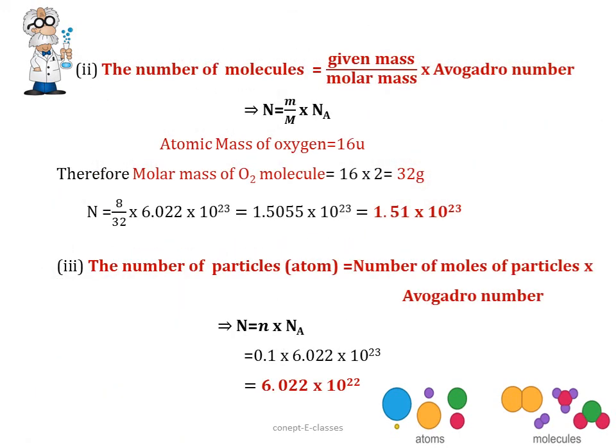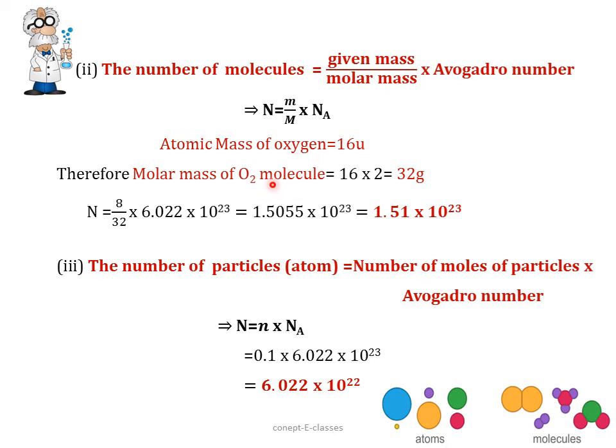Now in the second case, we have to calculate the number of molecules from 8 grams of oxygen. Okay, so here also the same equation, the number of molecules is equal to given mass by molar mass into Avogadro number. So the given mass is 8 gram. Okay, now the molar mass of oxygen molecule, we have to find that out. The atomic mass of oxygen is 16 u.